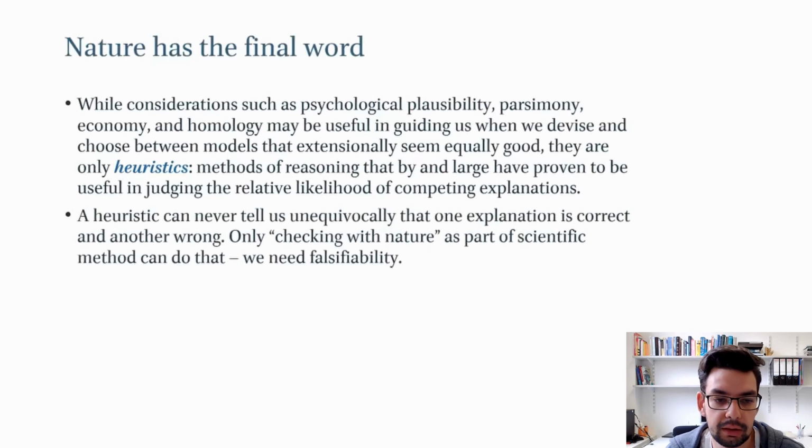And that's where we have to see it. And such a heuristic can never tell us without a doubt, unequivocally, that one explanation is correct and another one is wrong. Right? No matter, I might say the counting rule, well, everything speaks against it, right? Homology speaks against it, economy speaks against it. It's much more costly, right, to keep track of all the indices and so on than just make groups and forget about it.